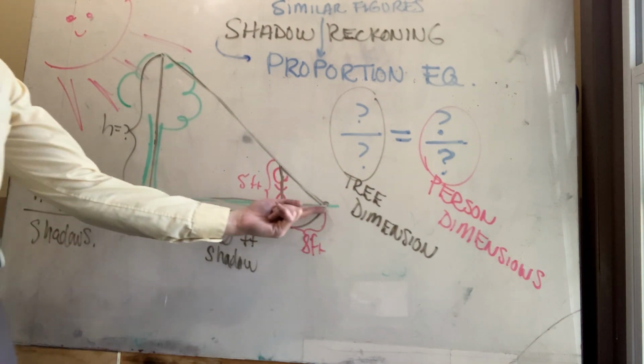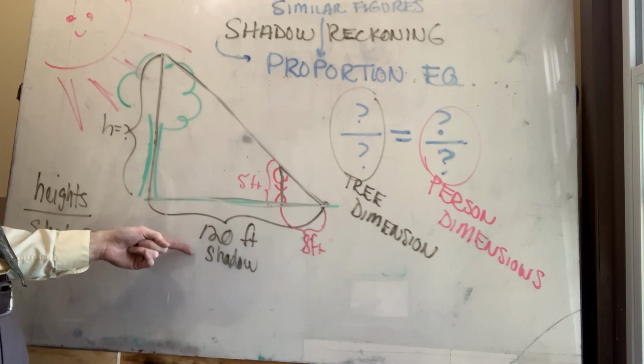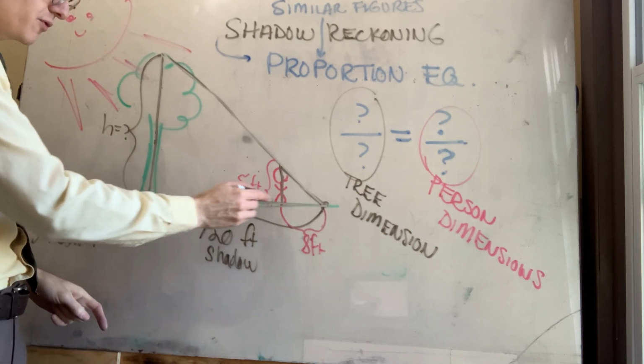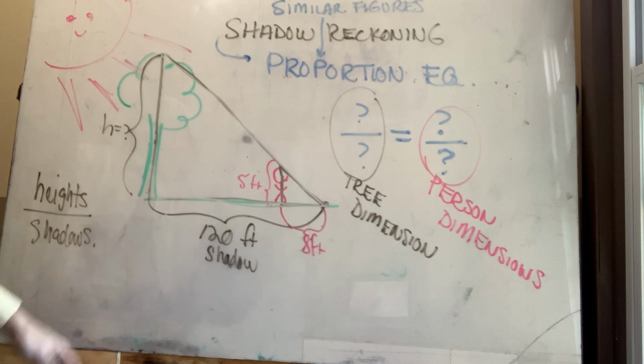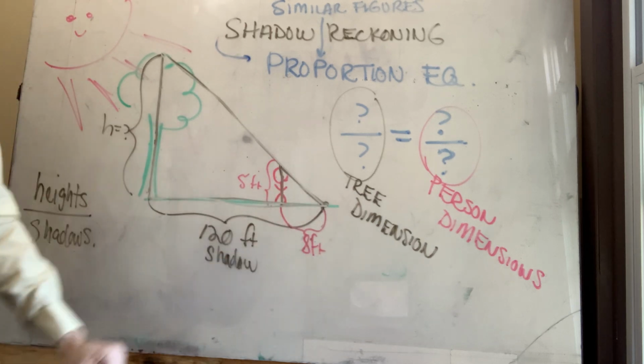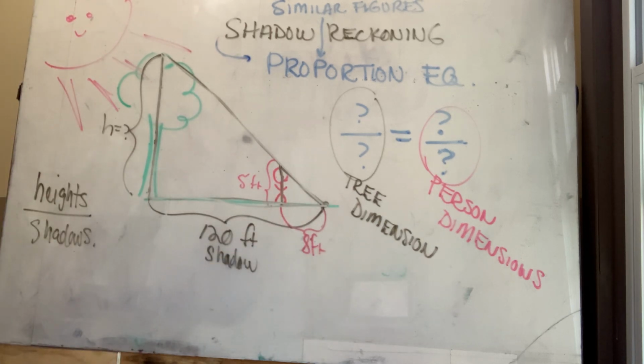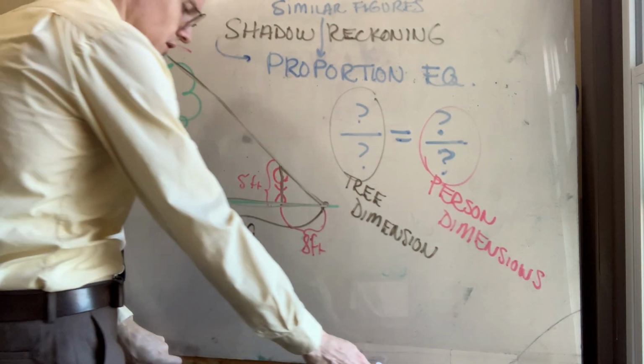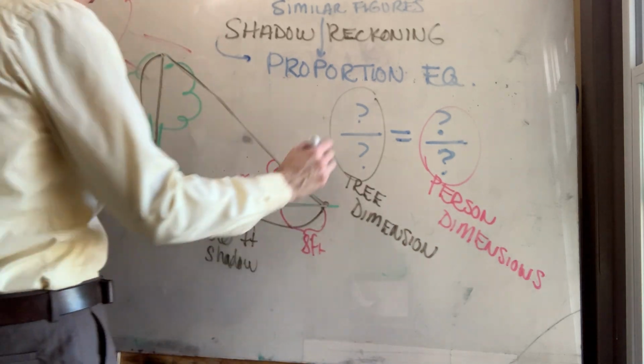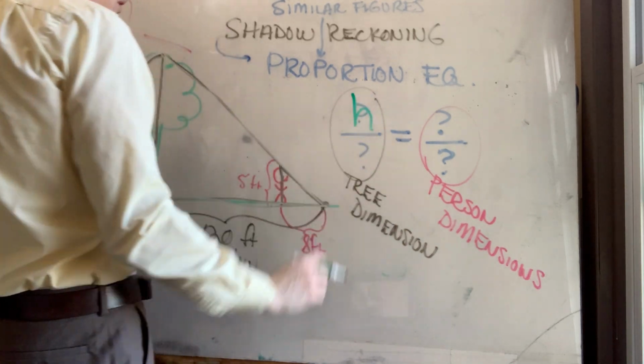The total from here to here is 120. Where I stole it from, they gave you the dimension from here to where the person is standing, and then you had to infer that you needed to add the extra part, but you don't have to worry about that in this case. Anyhow, let us say this is H. H is actually what we're looking for.